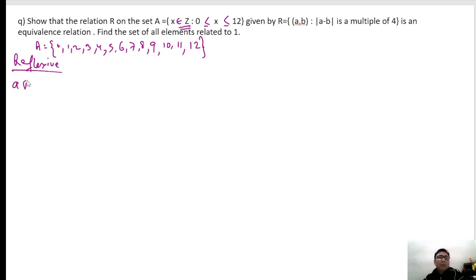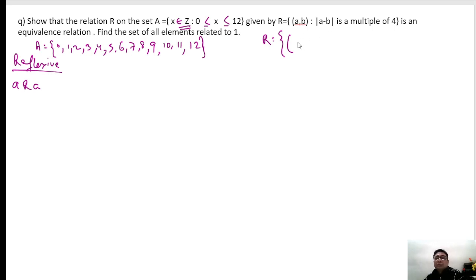Reflexive, a R a. Okay. So we have to choose those a minus b for which mod of a minus b is a multiple of 4. From here I have to choose a and b so that subtraction of them and mod of that is a multiple of 4.